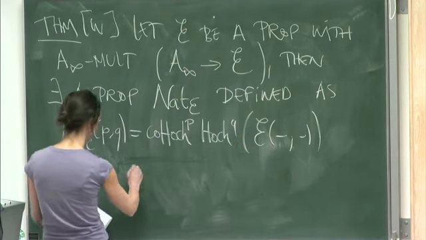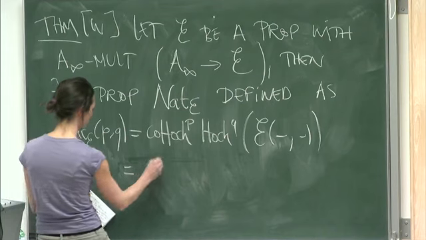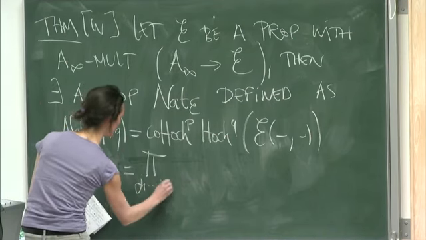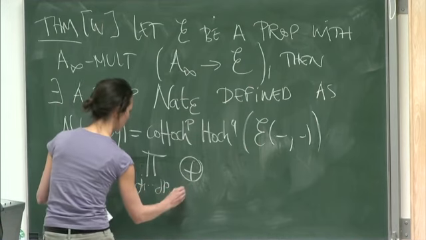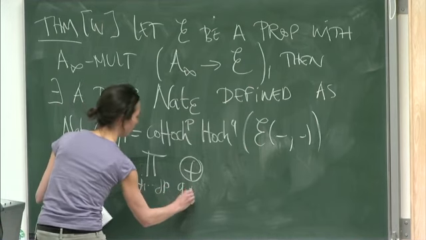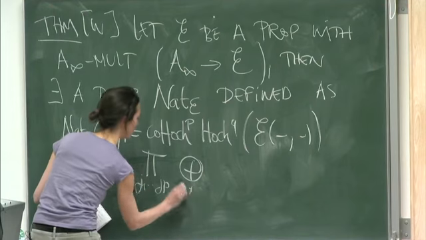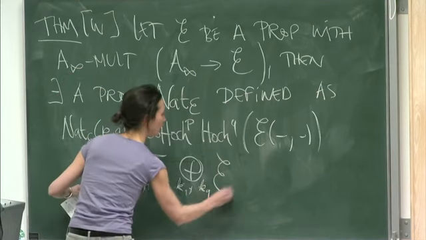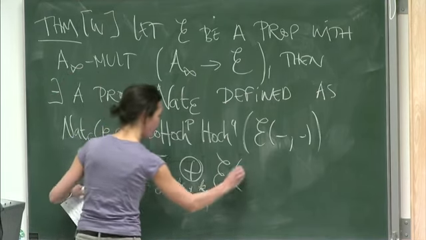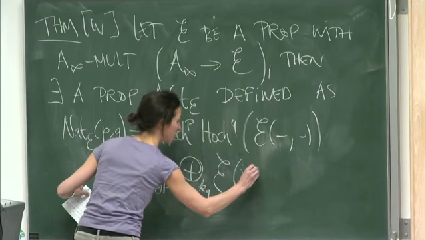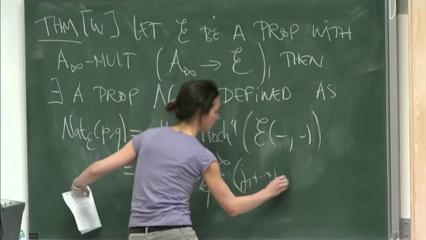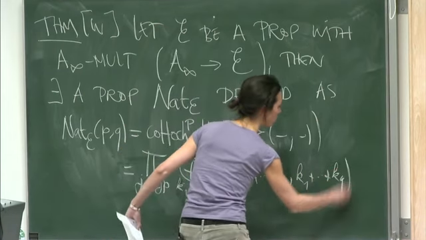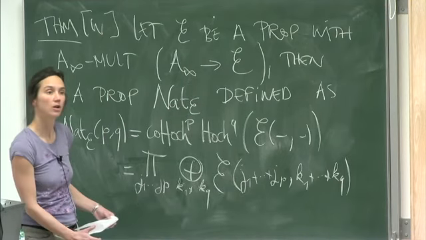More precisely, if you want to write this explicitly, it's going to be some product over j_1, ..., j_p of a direct sum over q_1, k_1, ..., k_q of the morphism spaces in your prop, j_1 plus ... plus j_p, k_1 plus ... plus k_q.